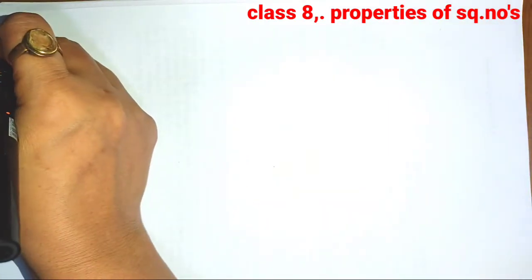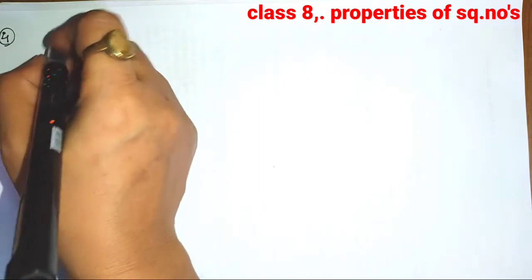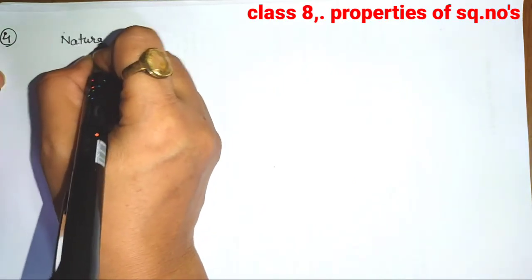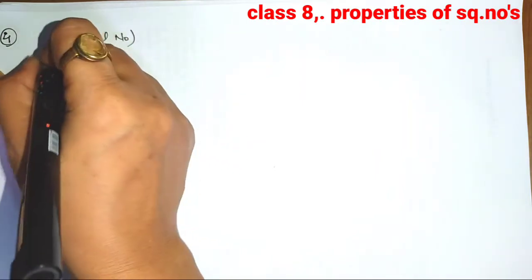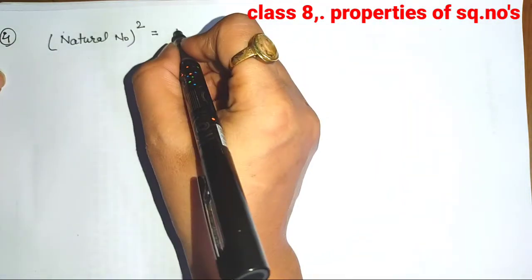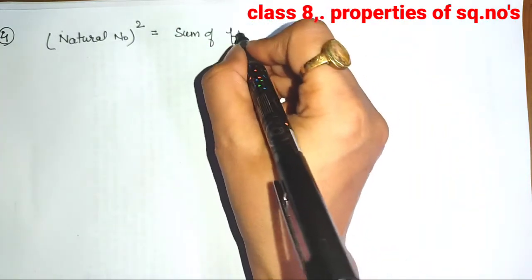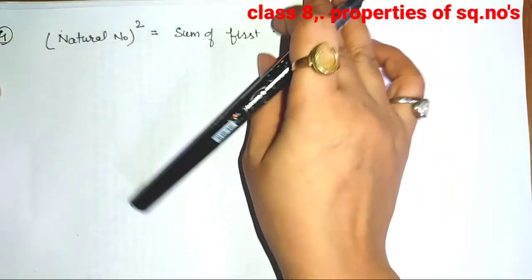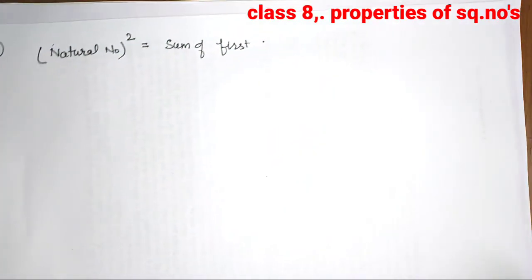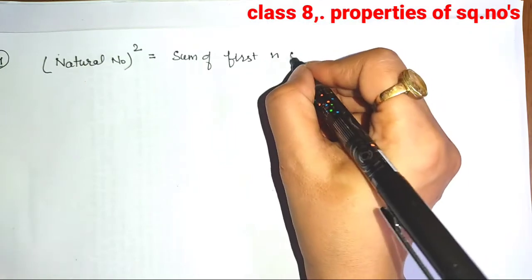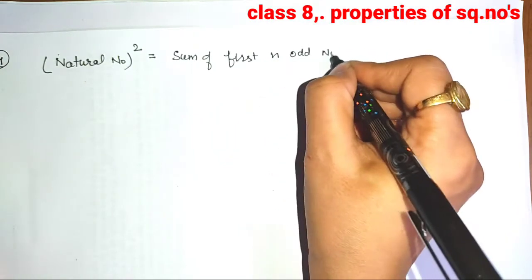Now the next property is: the square of any natural number is equal to the sum of the first n odd numbers.